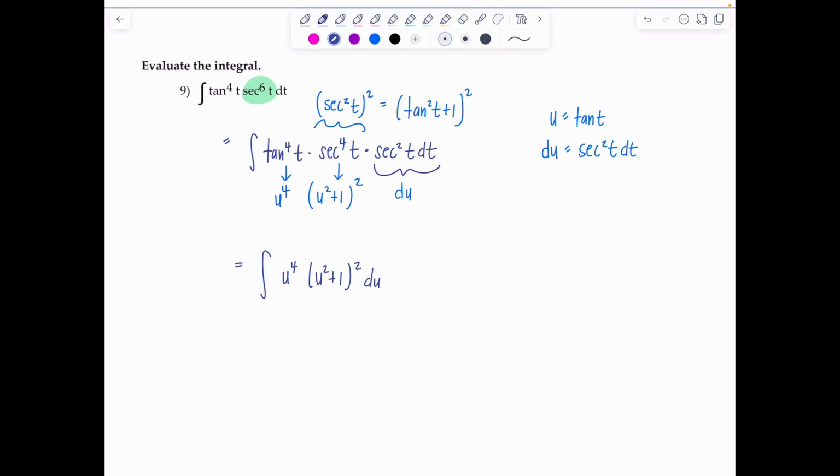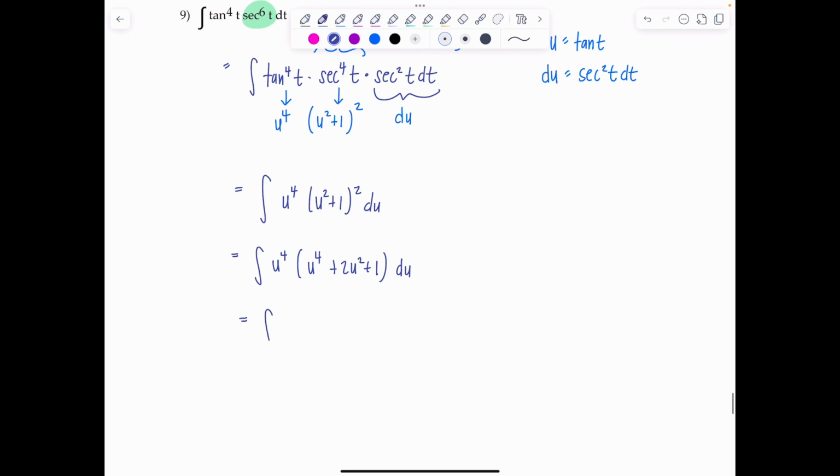Are we good? Okay, FOIL out u squared plus 1 squared. So this is u to the 4th times u to the 4th plus 2u squared plus 1 du. And then distribute. So that's u to the 8th plus 2u to the 6th plus u to the 4th du.